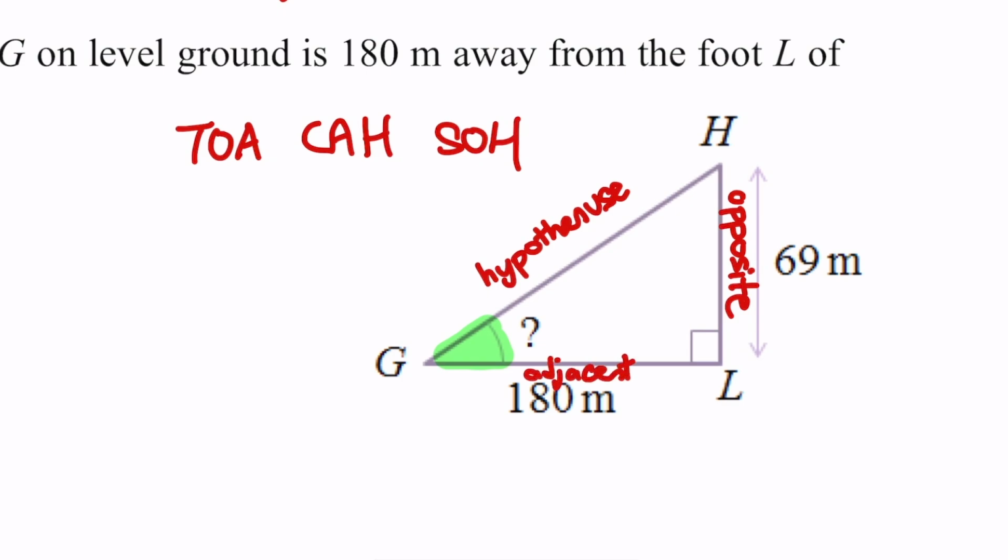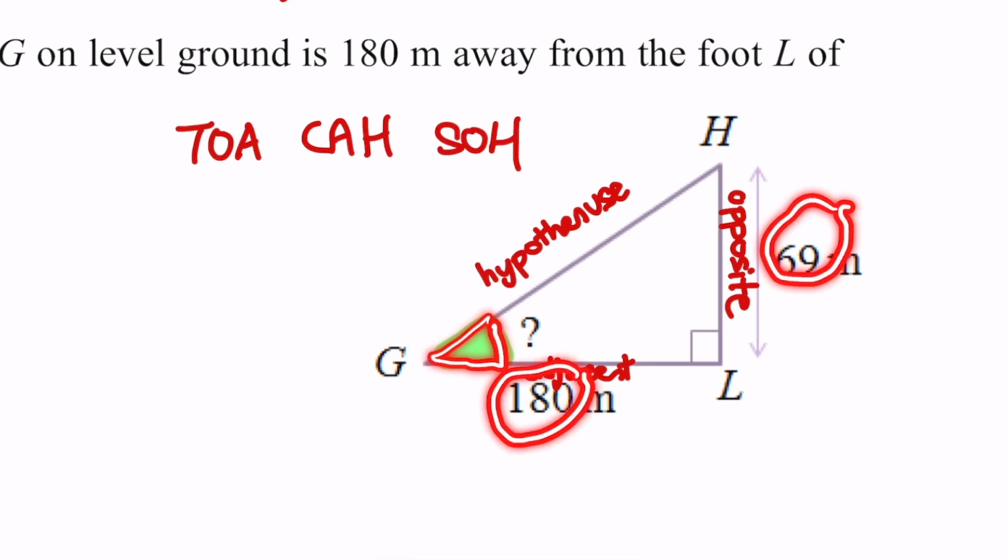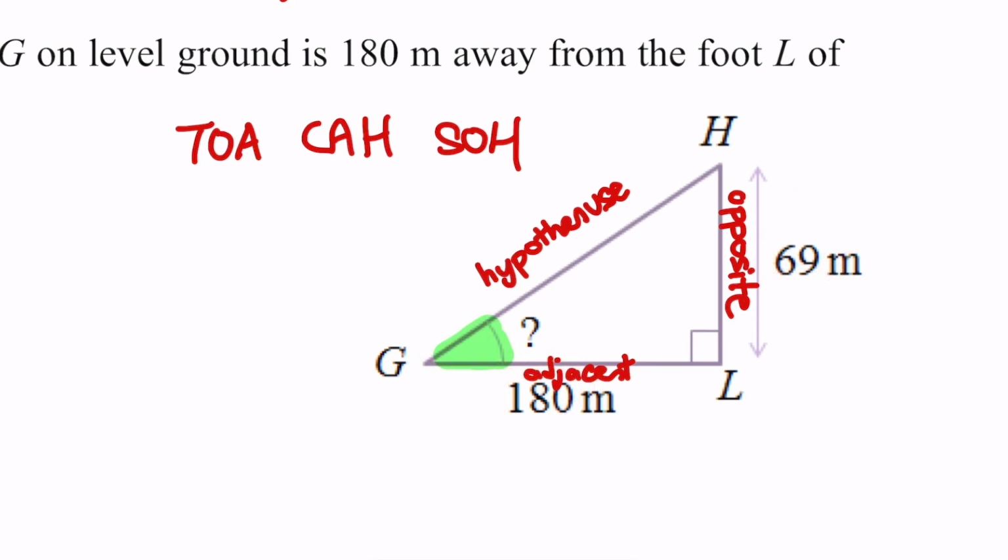Based on this angle here, I know the opposite side, I know the adjacent side, but I don't know the hypotenuse. So I can only use the opposite, O, and the adjacent, A. I check my TOA, CAH, SOH. The only trigo ratio that contains O and A is my TOA.